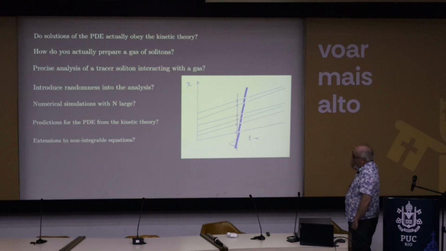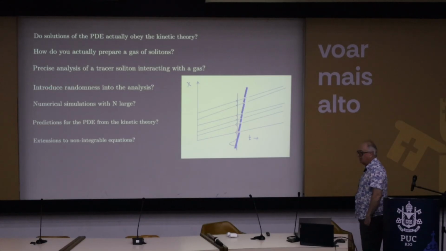What is the correct way to introduce randomness into this analysis and to study fluctuations? How good are the numerical simulations when you're trying to study this problem with a large number of solitons? Are there any interesting predictions for the original PDE, which is already integrable, from the kinetic theory?